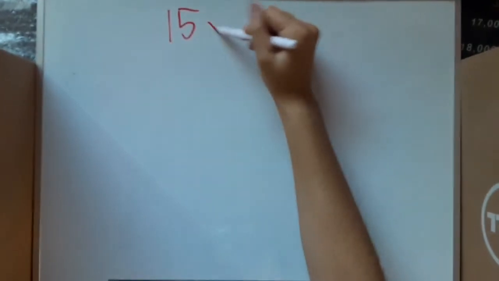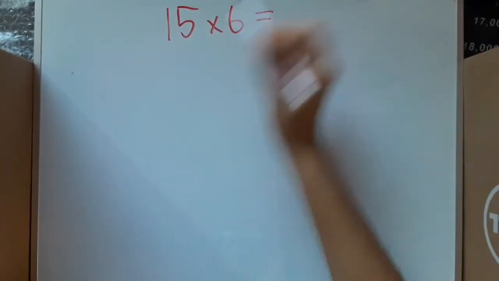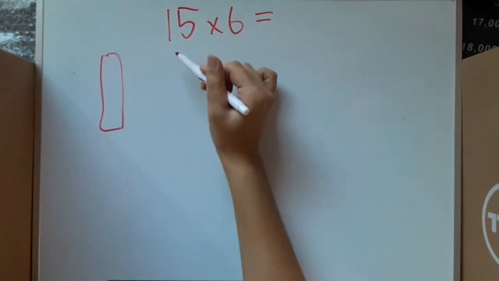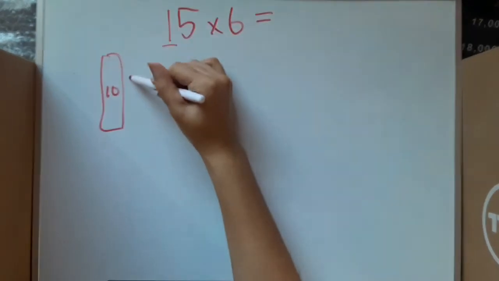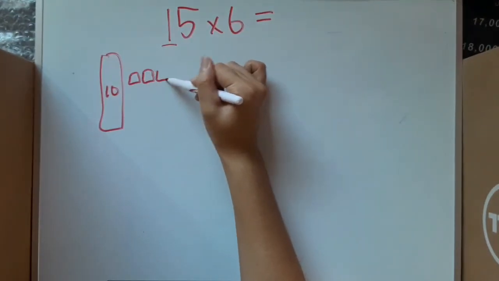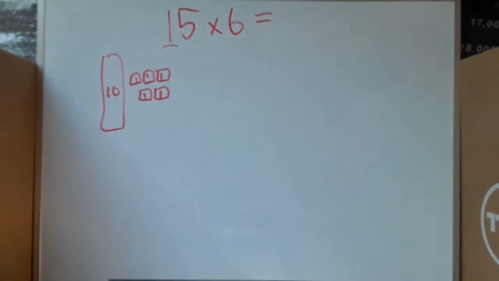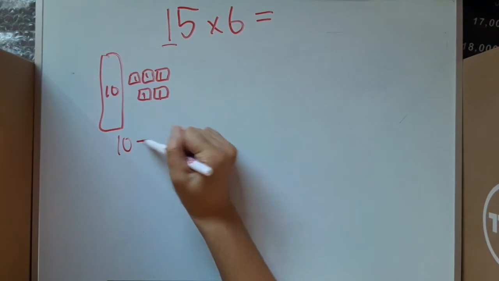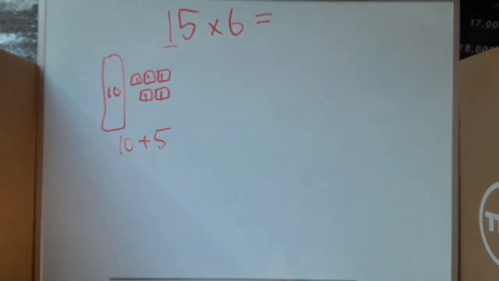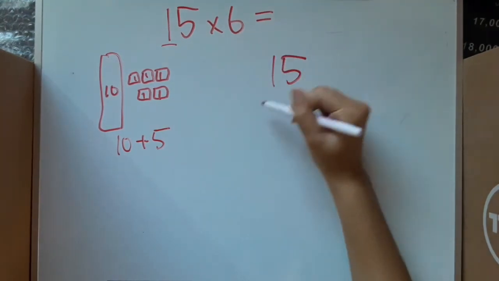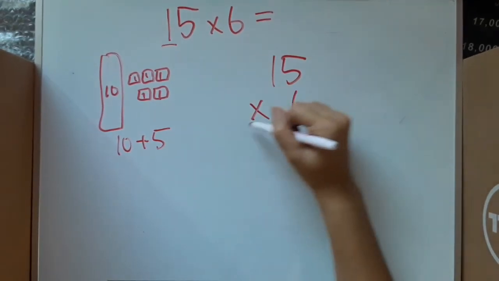If we were doing 15 times 6, we could write out the boxes again with 1 ten for the 1 and 5 ones. However, we'd need to draw this out 6 times, and that's a real hassle. So let's just do it by the numbers. 15 times 6.